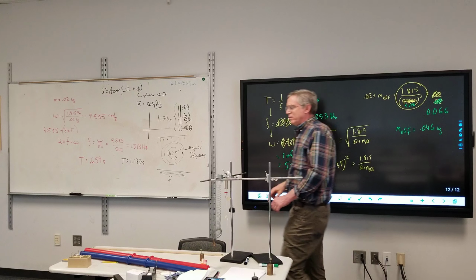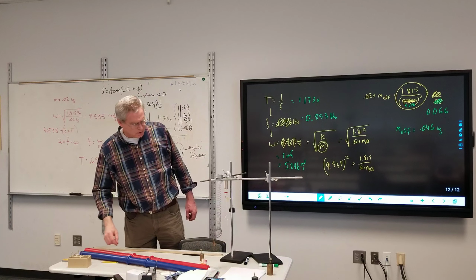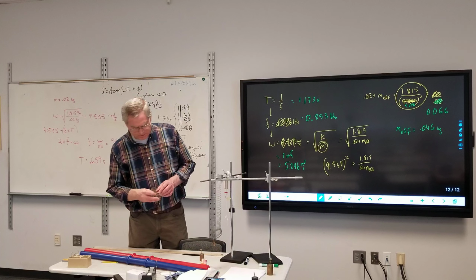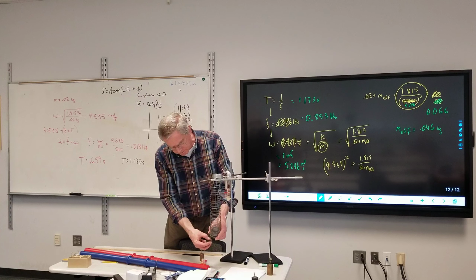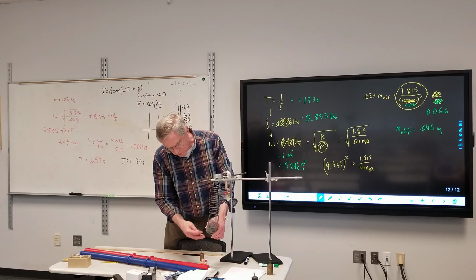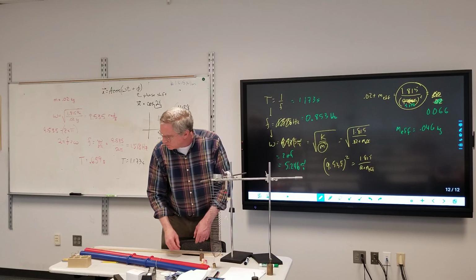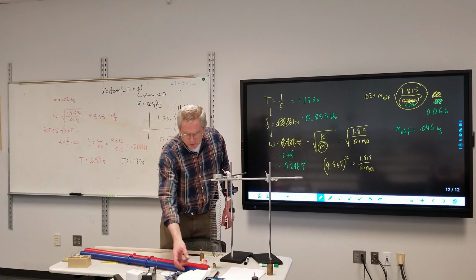Let's see how well that matches prediction. I've got a 20 right there. If I do a 50, is that going to hit the table? Yes. Do we have another 20 somewhere?